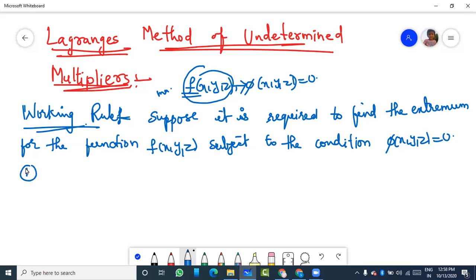In this, the first step is to form the Lagrange's function or Lagrangian function.